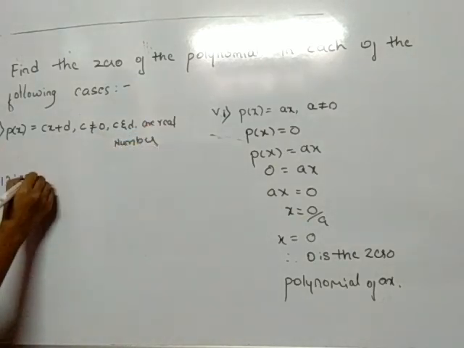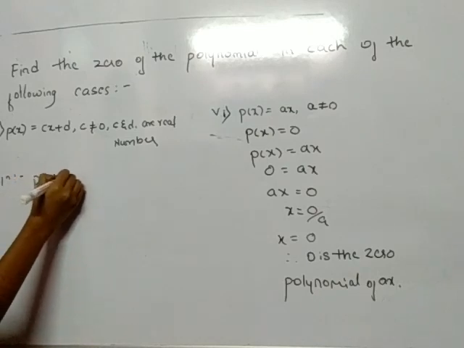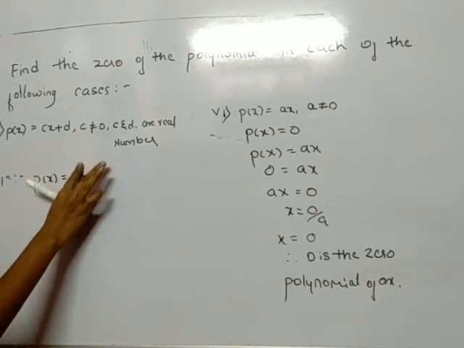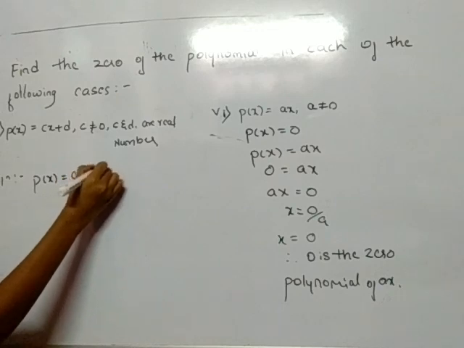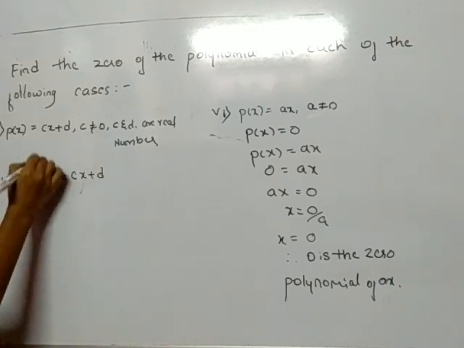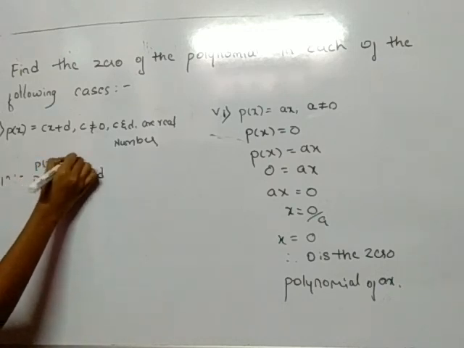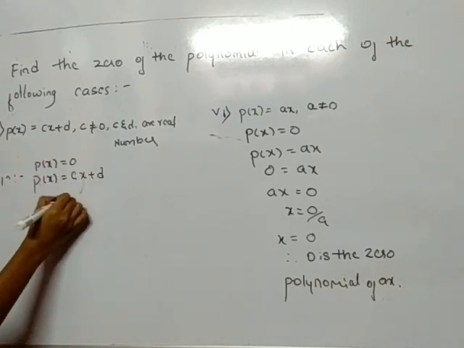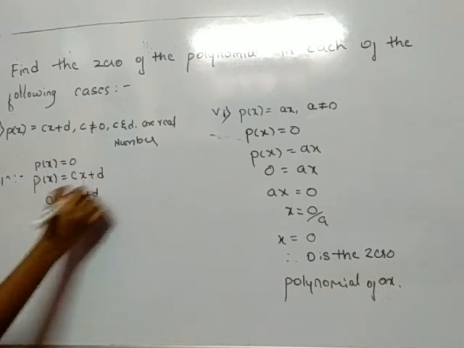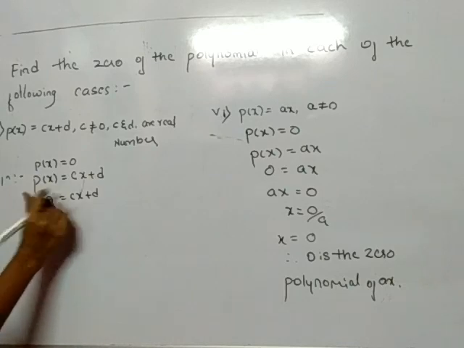Let us solve for this. P of x is equal to cx plus d, and P of x is equal to 0. So 0 is equal to cx plus d. Now we'll rearrange this.